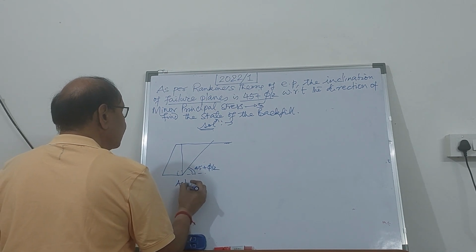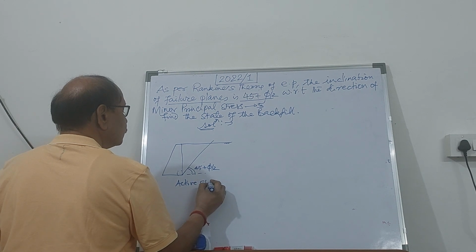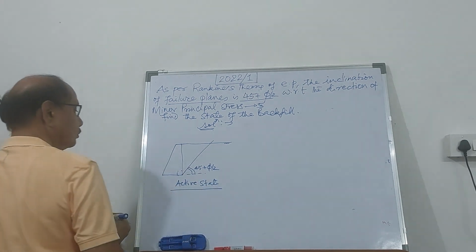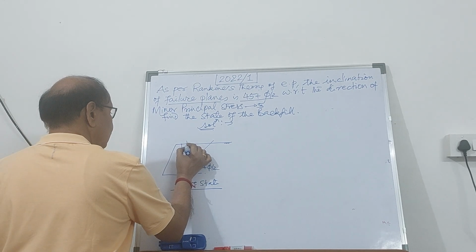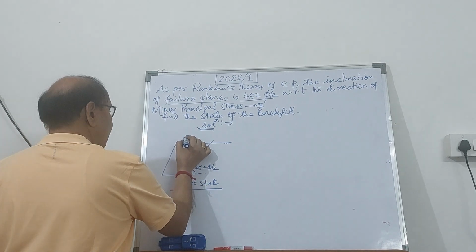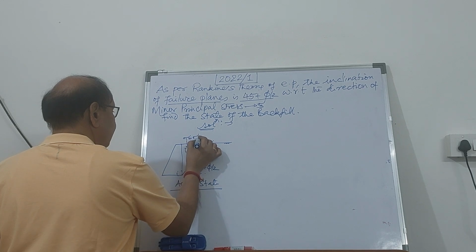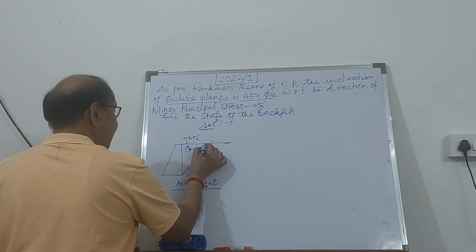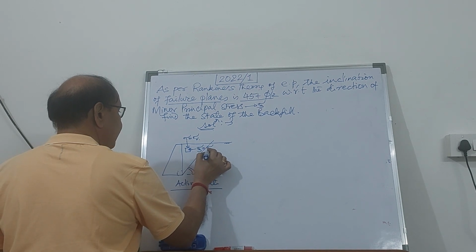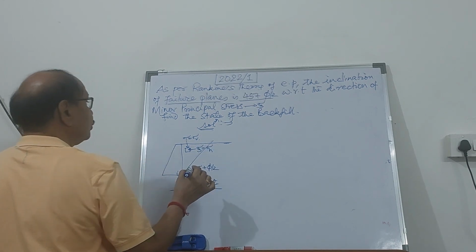This is in active condition. So, if I take any soil element, sigma 1 equal to sigma v, and sigma 3, that is the minor principal stress, equal to sigma h.